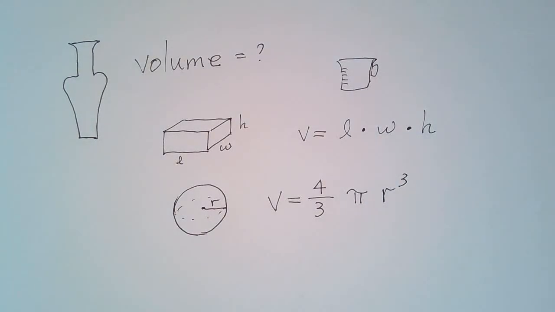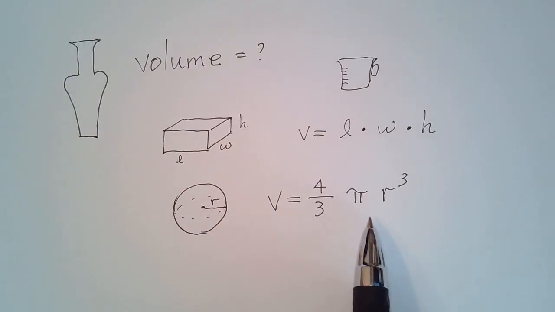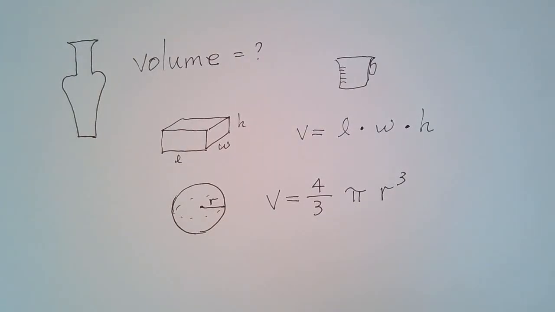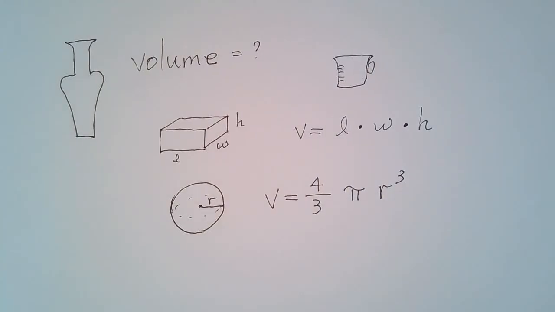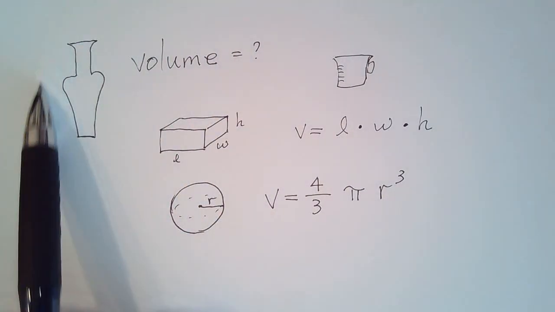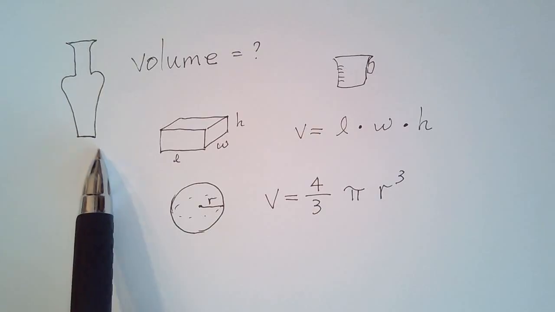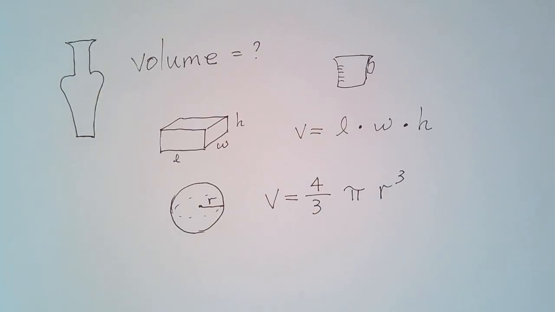So you can calculate the volume of the ball once you know the radius, because pi is a constant. Pi is a number, 3.14159, and so on. So it's an irrational number. All right. Now, in order to find the volume of something that looks like this vase, that's what we're going to learn in this course.